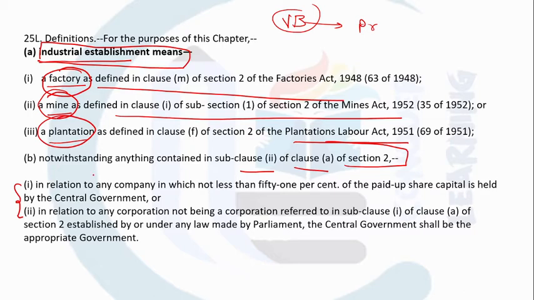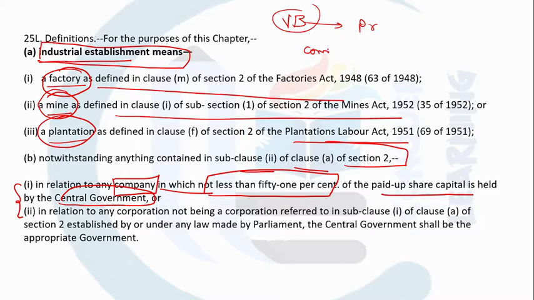Another condition here is, if there is any company in which not less than 51% of the paid up share capital is held by the central government, the provisions would be applicable.